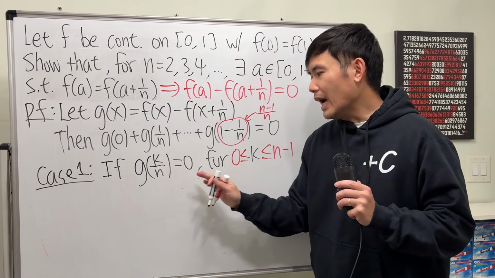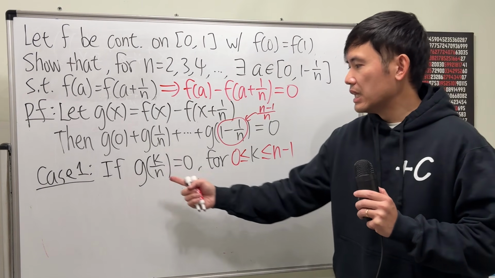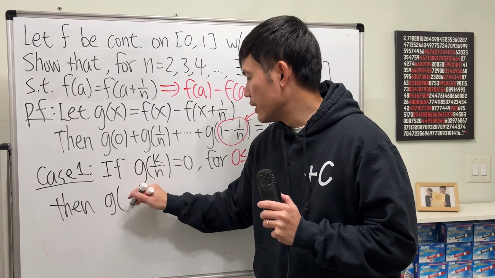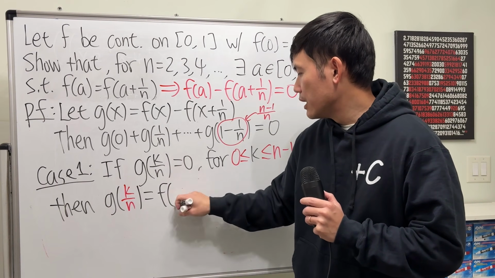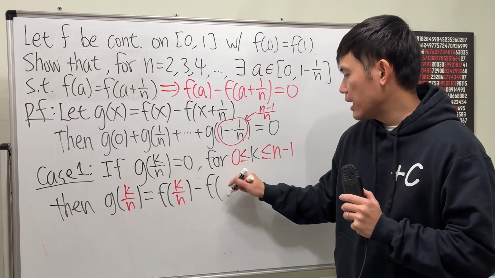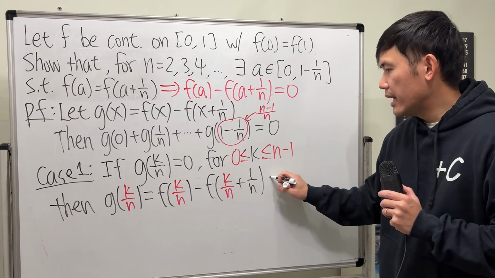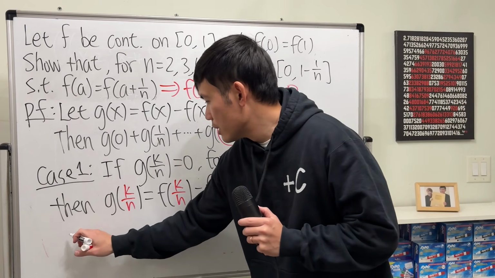So if we have some term that's equal to 0, in fact, we are done, because this right here shows us that g of k over n, which will be f of k over n minus f of k over n plus 1 over n, is equal to 0. Move this to the other side.